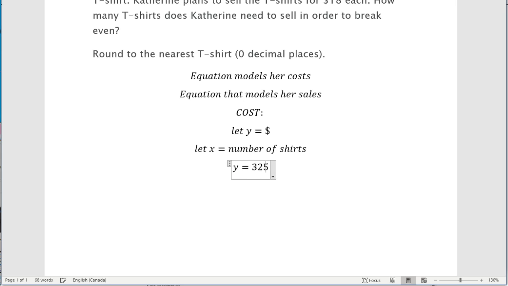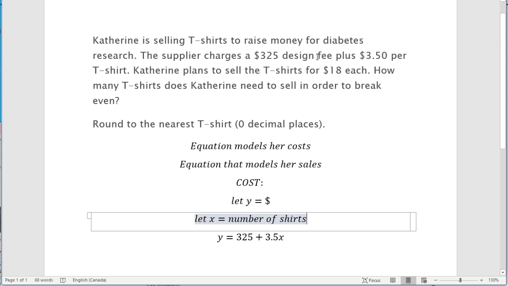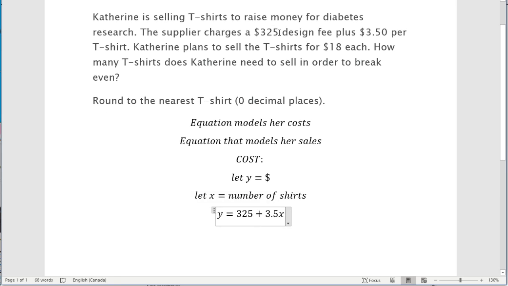So the cost is going to be $325 no matter what, plus $3.50 per shirt, and that's why 3.5 is multiplying x, but 325 is not, because every new shirt she has made, she doesn't have to pay the design fee again and again. She only pays that fee once, right? Now, the one that is her sales is just 18x. There's nothing to add to 18x. Just 18x is all that you would do.